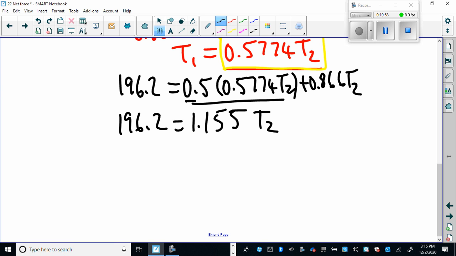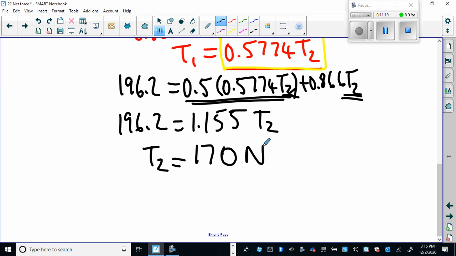I multiplied these two numbers together, and since they have a common variable, T2, I added it to 0.866. Divide both sides by 1.155, and I get T2 equals 196.2 divided by 1.155, and the answer is 170 newtons. And that is your answer for T2.